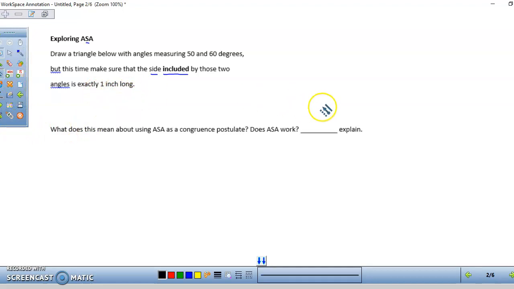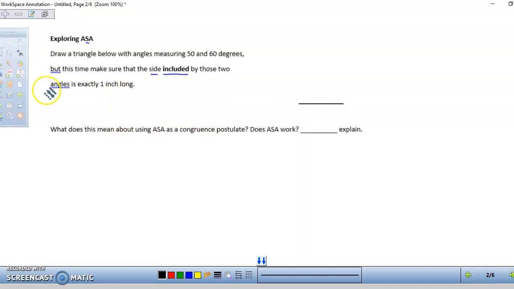Starting out, I'm going to draw ourselves just a side, and I've discovered that I need it to be straight up and down, or else the protractor doesn't work so well. So let's try that again.